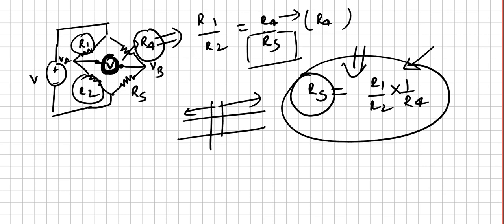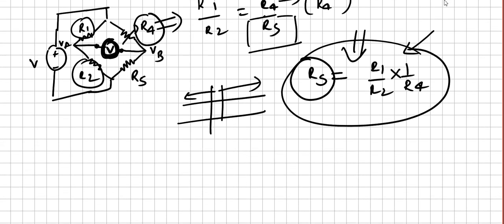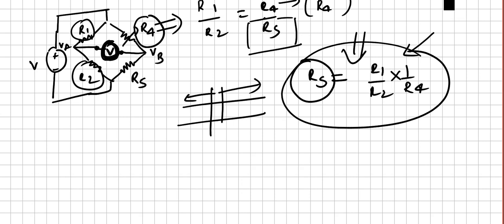Now, apart from being accurate and not depending on other values, it is also capable of removing the noise from the source. We know perfect DC sources don't exist.